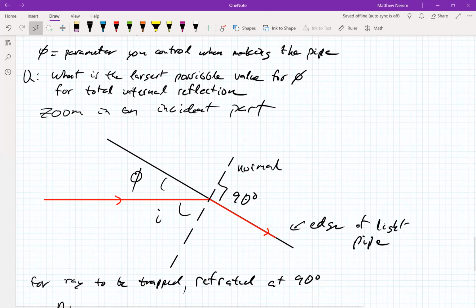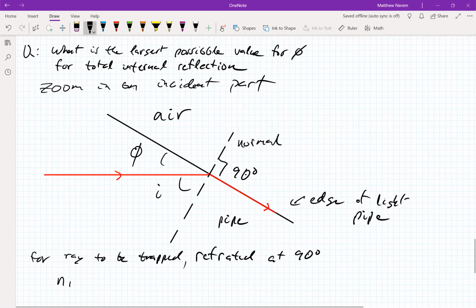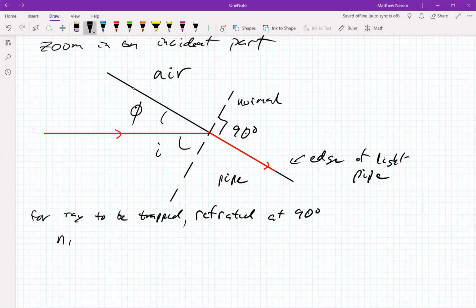So at this incident, we are in pipe out to the air. So our Snell's law is going to be in pipe, sine of whatever this angle I is, the incident angle, equal to in air, sine of 90 degrees.